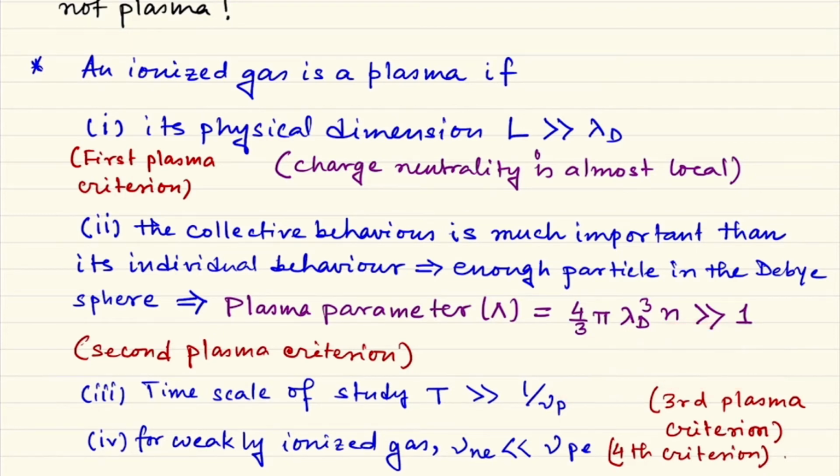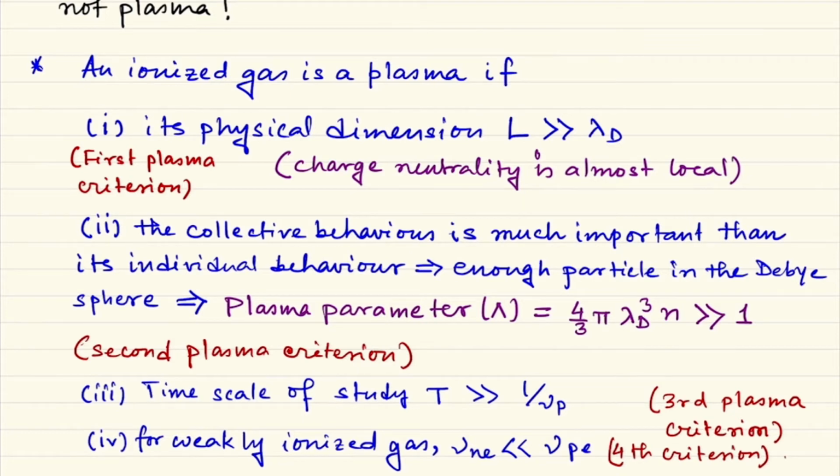Okay, so 1 by nu_p is the time required for any species. If it is tau_pi, that will be for the ions. If it is tau_pe, that will be for the electrons. It is the time required to get back or to retrieve the state of quasi-neutrality again in time.